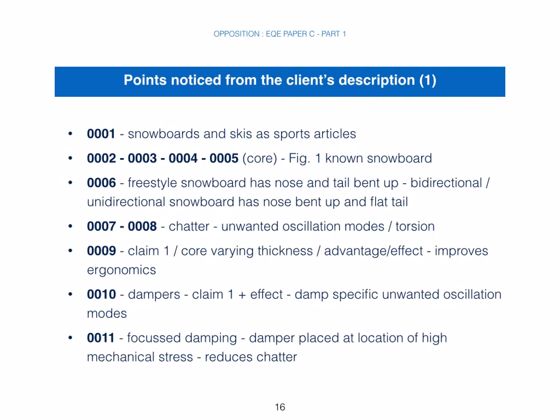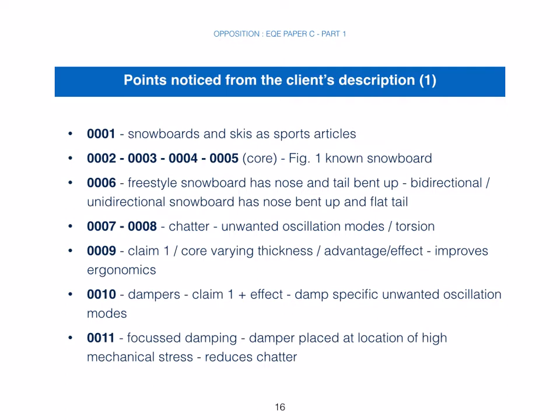So that's a bidirectional snowboard, whereas unidirectional snowboard has only the nose bent up and the tail flat, so it can go fast downhill. Paragraphs 7 and 8 talk about chatter and unwanted oscillation modes and torsion in the snowboard.